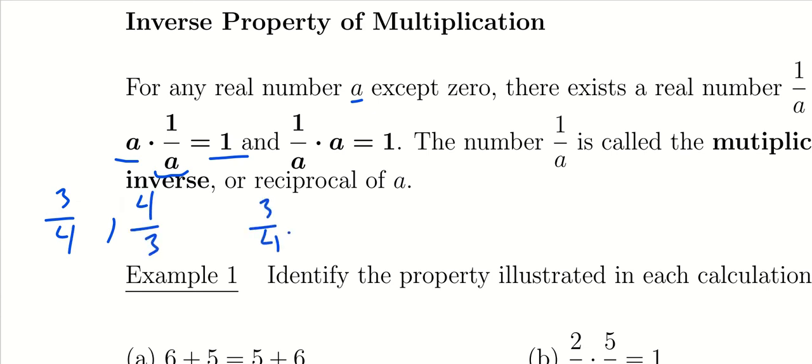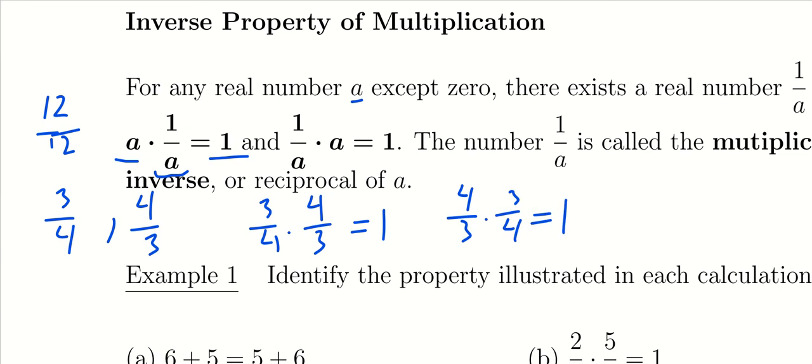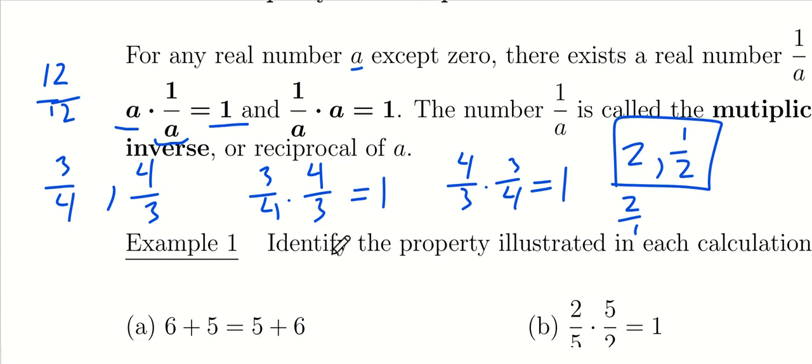And if I take 3/4 times 4/3, this ends up giving us 1, because you get 12 over 12, and 12 goes into 12 once. Or if I did 4/3 times 3/4, that also gives us 1. For instance, if you wanted the multiplicative reciprocal of 2, you can think of 2 as 2 over 1. So if you reciprocate that, you would get 1/2. So 2 and 1/2 would be multiplicative inverses of each other.